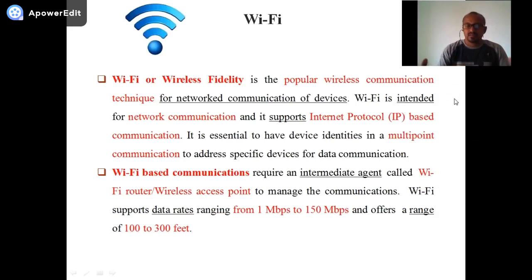This wireless technique is used for supporting the internet facility. The Wi-Fi router and wireless access points manage the communications. Wi-Fi supports data rates ranging from 1 Mbps to 150 Mbps and offers a range of 100 to 300 feet.